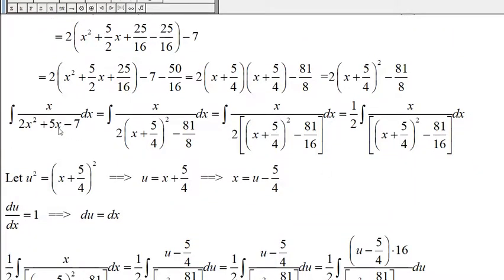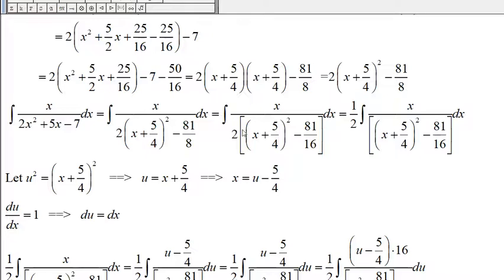The original integral becomes x over 2 times x plus 5 fourths squared minus 81 over 8. Factor out the 2 here, we get 2 times x plus 5 fourths squared minus 81 over 16. 2 times 81 over 16 is 81 over 8.